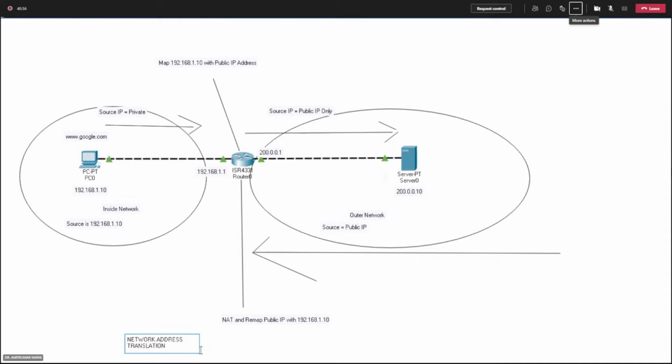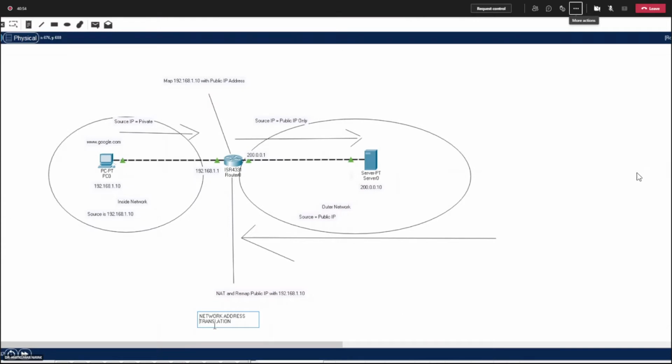So can you please tell me, as per your knowledge, what is network address translation? What do you mean by network address translation? Is there anyone who can explain to me the purpose of network address translation?